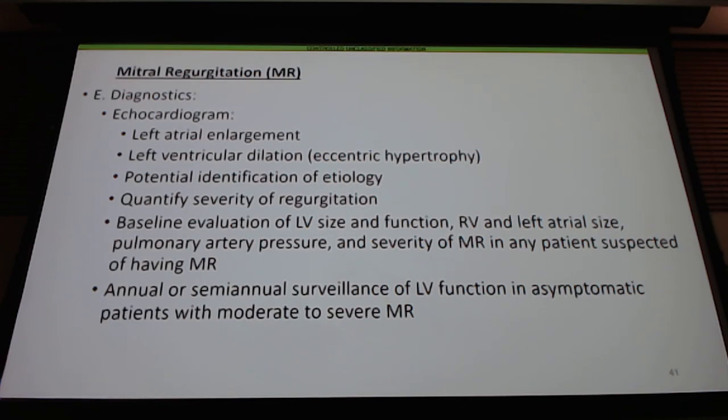Echocardiogram is going to be your test of choice, because you're going to see all the compensatory changes and the damage and the functional limitations from this, but you're also going to be able to see and measure the degree of volume that is regurgitating through that valve. And then it also may give you an idea of if this is primary or if this is secondary mitral regurg as well.